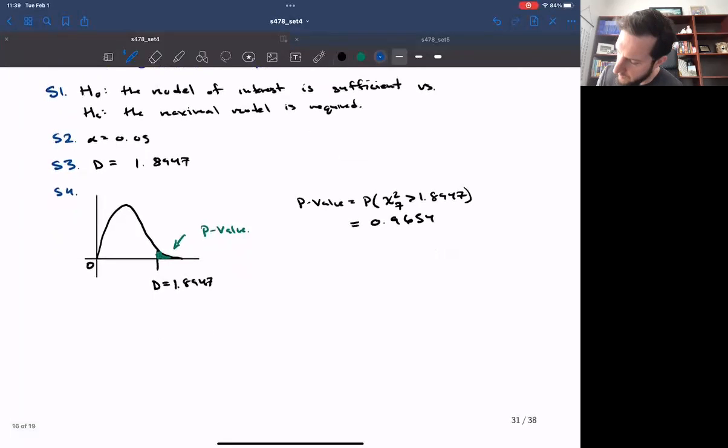Okay, so given the size of the p-value, we do not reject H0.